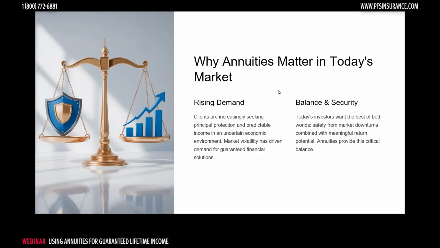And for our clients that are nearing or in the beginning stages of retirement, volatility is not their friend. So they want to avoid that. What the fixed annuities do is give them principal protection. It's going to give them predictable income. It's going to really negate any of that market volatility that you have with those variable products.